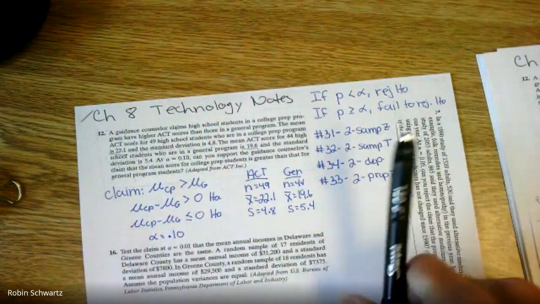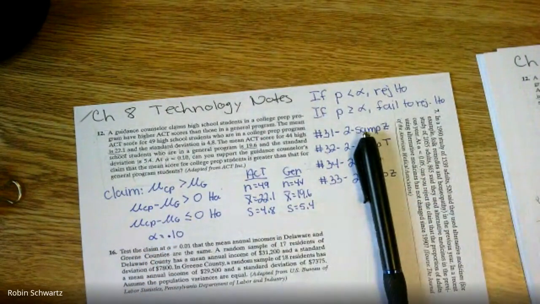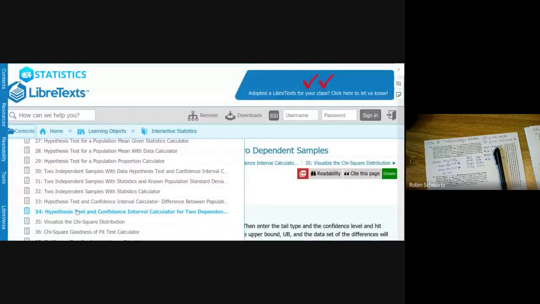All right, so now I'll switch gears and show you how to enter all of that in. So I'll go to a tab. And I already have it open. So the one we want, because this is a large sample, is test 31.